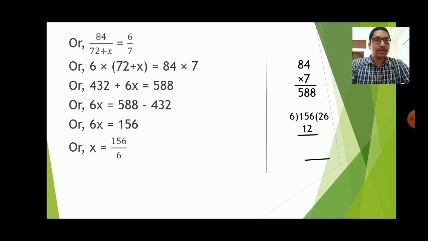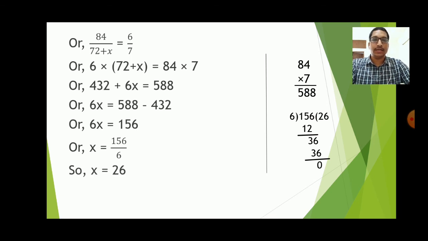Now subtract: 15 minus 12 is 3, and write down this 6, so it will be 36. How many times can we take 6? 6 times, which is 36. If we subtract, it will be 0. There is no remainder. That means if we divide 156 by 6, it will be 26.